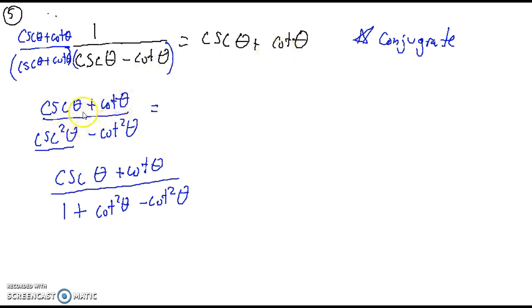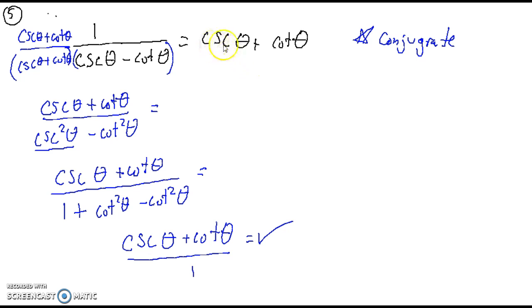I noticed that I got both of those, but I needed to get rid of my denominator. So I needed the cotangents to cancel each other out. So notice here that a positive cotangent of theta and a negative cotangent of theta will cancel each other out, leaving you with just the numerator. Technically, we have a denominator of 1, but that's the same thing as having a denominator of 1 over here. And so this is the start of verifying your trig identities. All right.